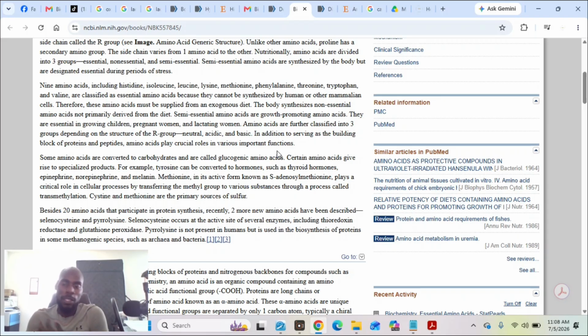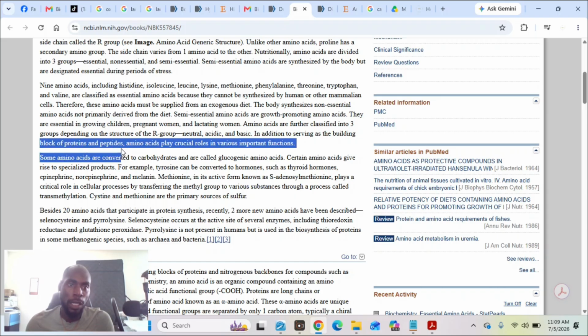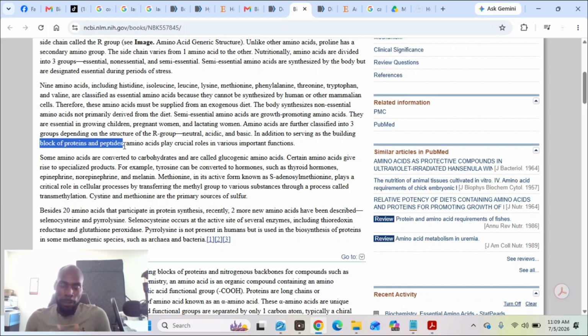So amino acids, which we're going to be constantly seeing, this is going to be revolving, are the building blocks for proteins and for peptides. But let's continue.